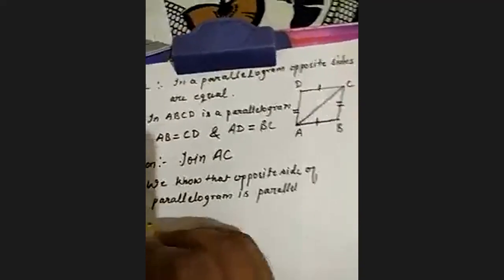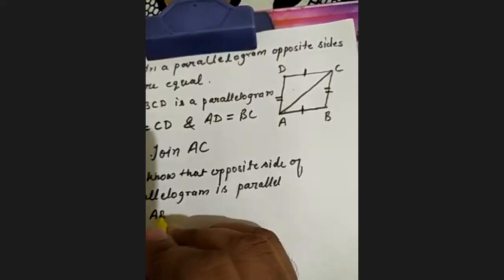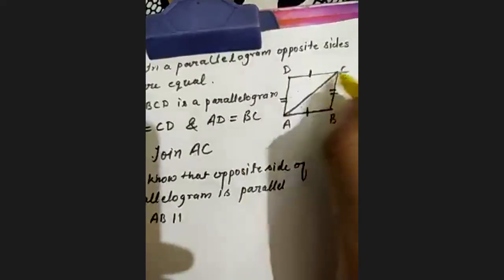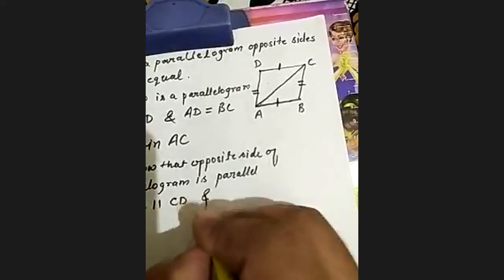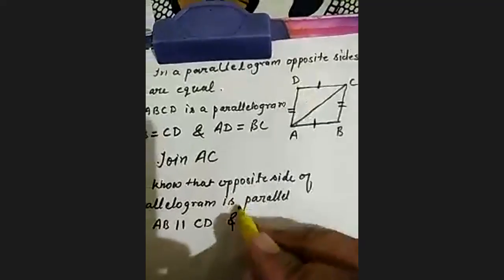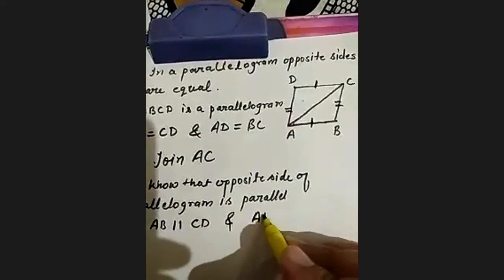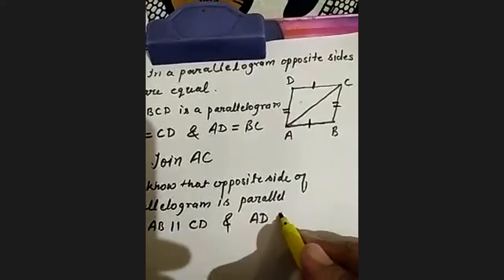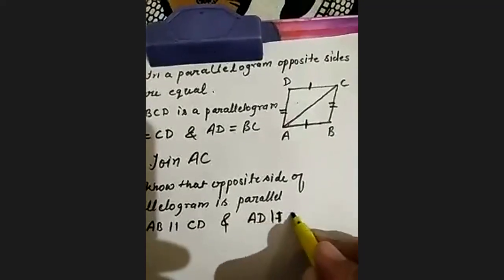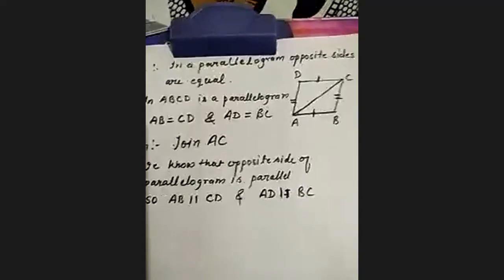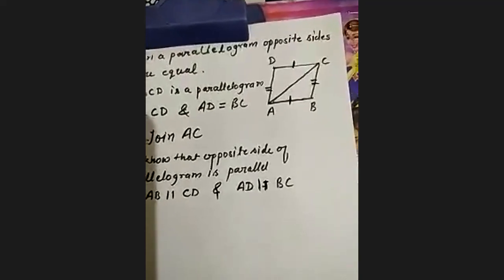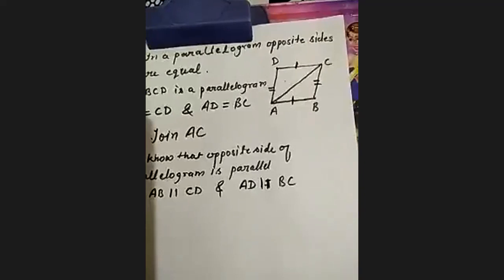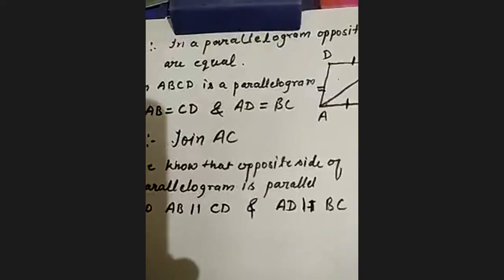So side AB is parallel to side CD, and the second side, AD is parallel to BC side. It's clear. In a parallelogram, we know that opposite sides are always parallel.